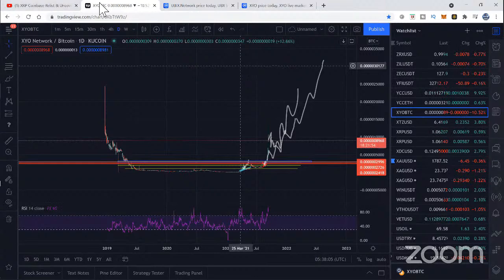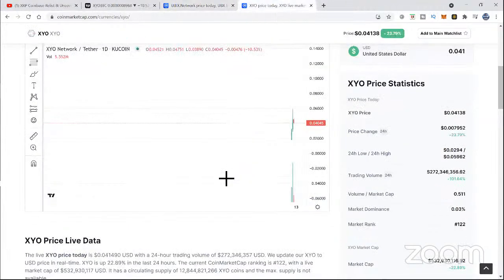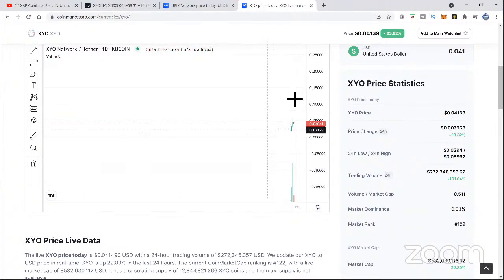So you're looking at a 4x right now, just to the last higher high, approximately, from that chart. So if we went as high as 5 cents, a 4x, you'll be looking at 20 cents on XYO easily in the next couple of months.